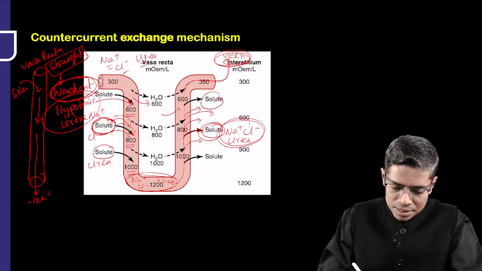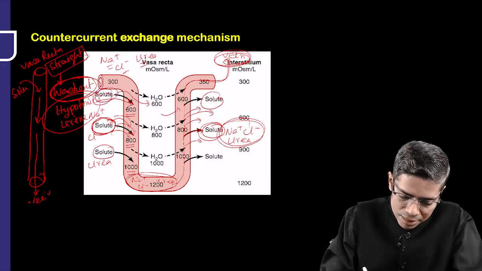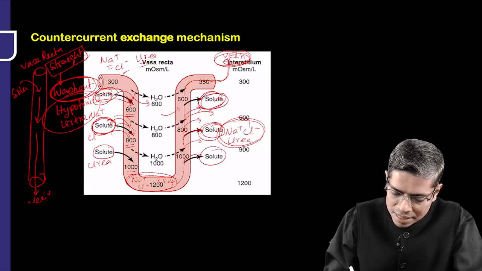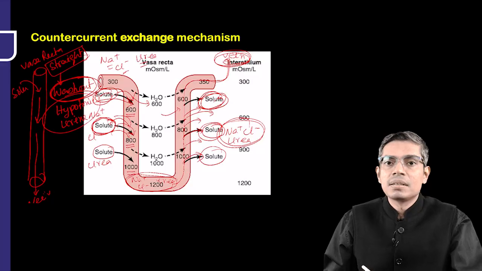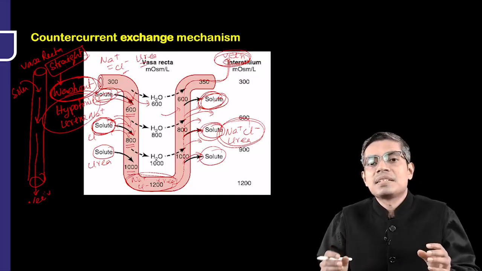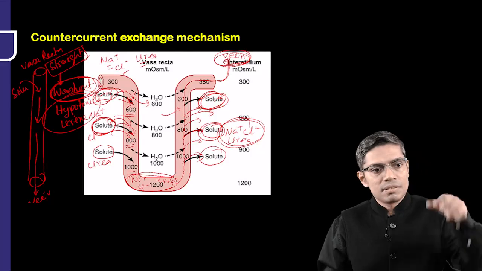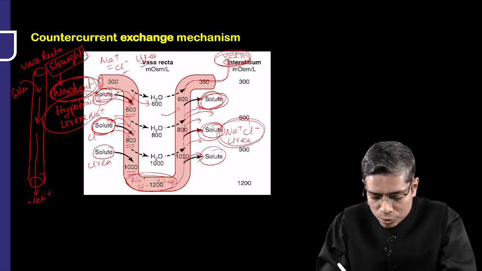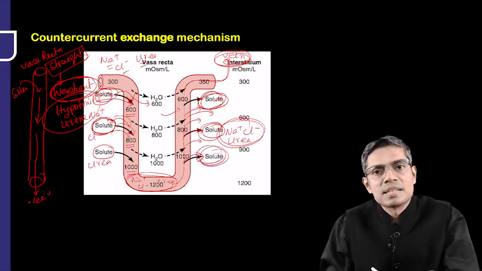Why? Because the entry of solute in the descending limb of the vasa recta and reabsorption of solute from the ascending limb takes some time. It is a time consuming process, entering and then reabsorbing. You have to give some time so that you can reabsorb from the ascending limb.